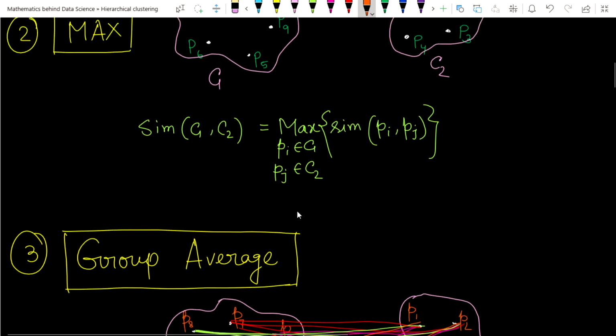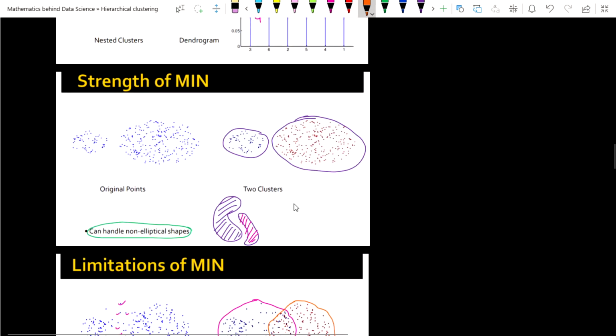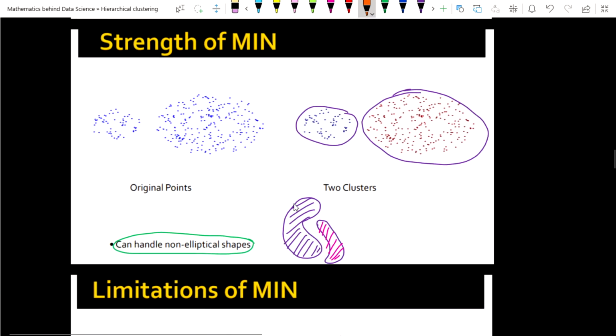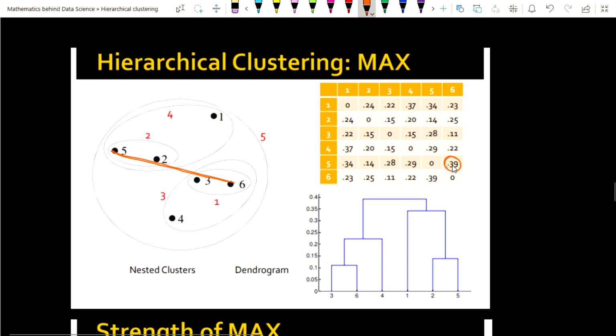Here the maximum value is 0.39, between 5 and 6. Here 5 is a single cluster and 6 itself is a single cluster now.